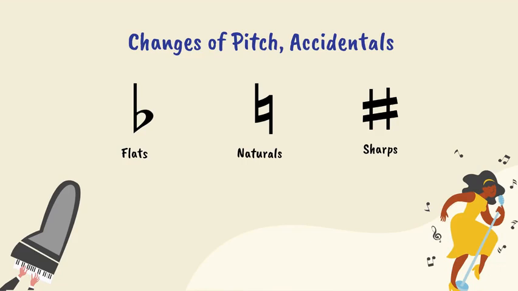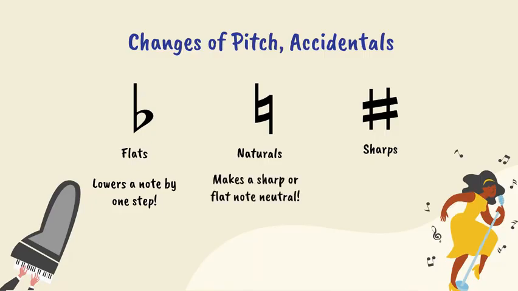As we have mentioned before, flats would always lower a note by a half step. A natural would return any kind of note back to its original sound rather than being its flat or sharp. And the sharp raises a note by a half step.